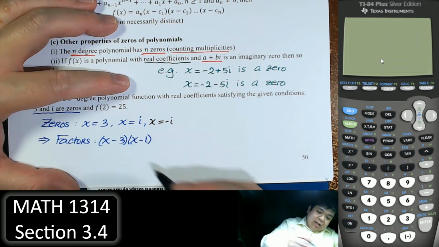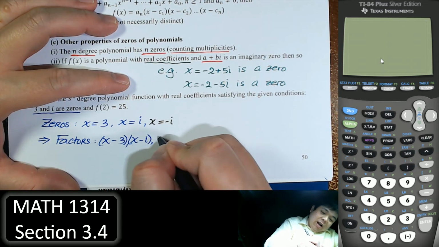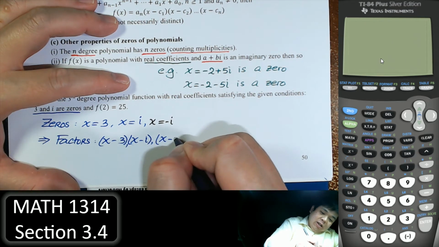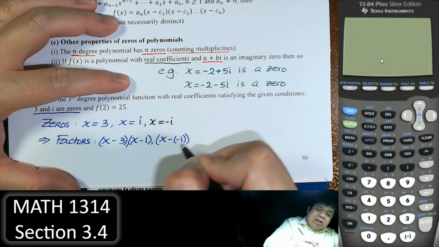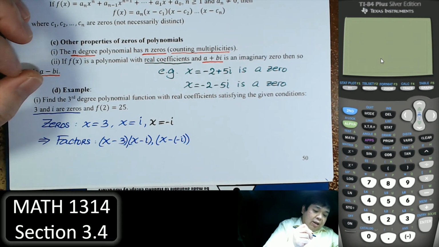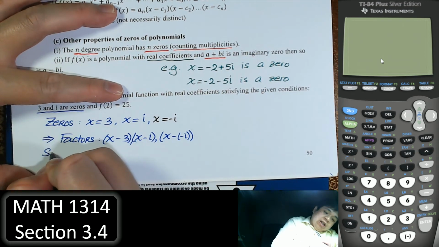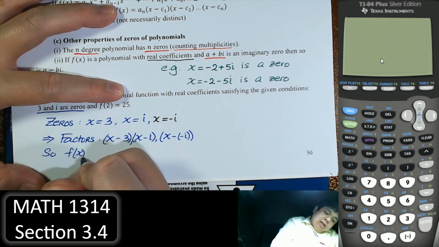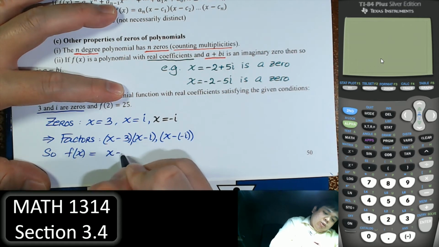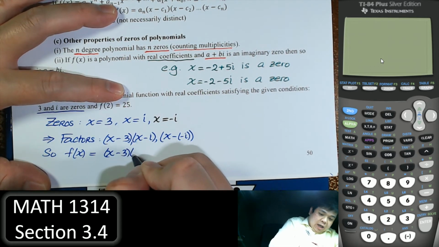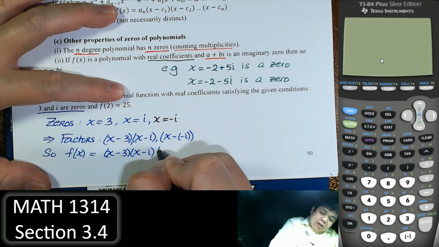And with that, we have the factor of x minus negative i, or x plus i. Because those are the factors, we can say f of x equals x minus 3, x minus i, and x plus i.